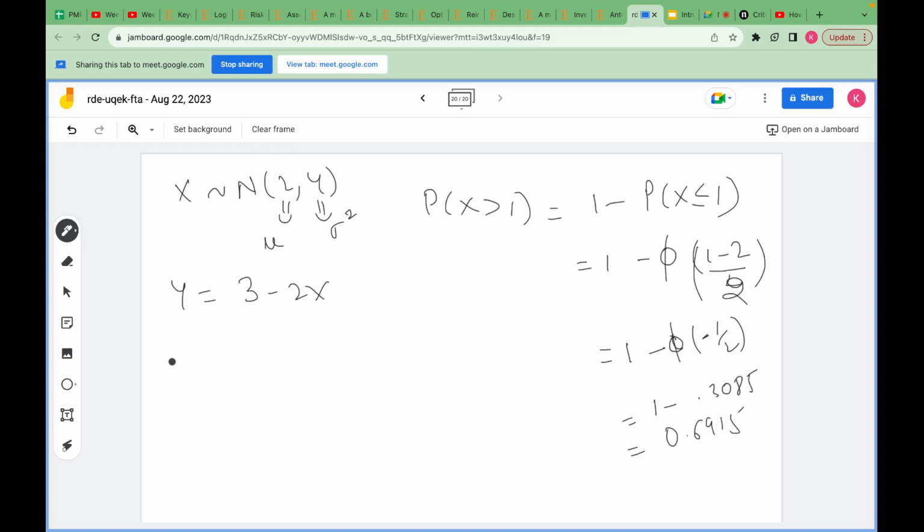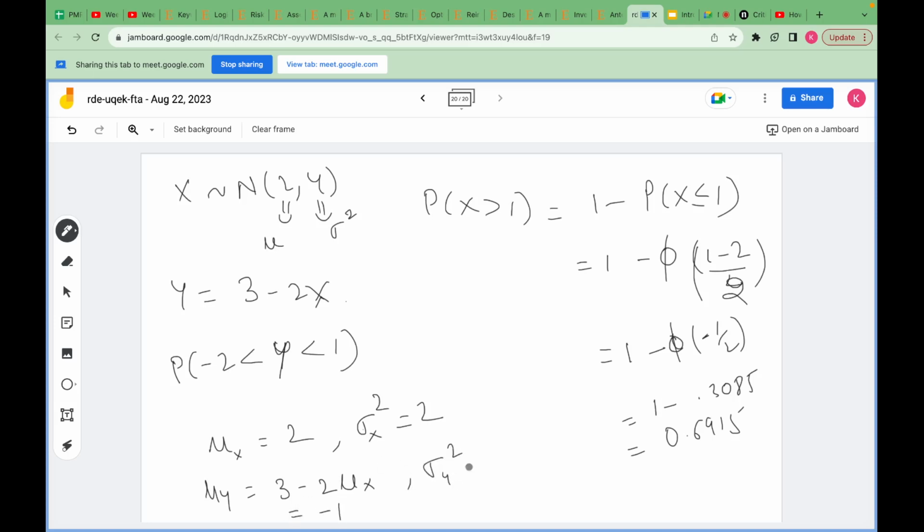Okay. Now the second is to find the probability that y varies from minus 2 to 1. So y is 3 minus 2x. Now mu for x is 2 and sigma square for x is 4. From the definition of mean and variance, we can find that mu of y is 3 minus 2 mu of x, which is nothing but minus 1.